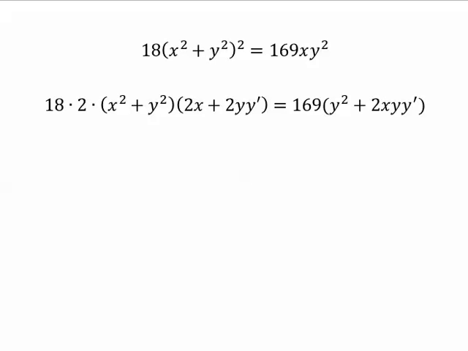What is the first? The first is x. The derivative of x is 1. So the derivative of the first times the second, which is y squared, plus the first, x, times the derivative of the second, 2y y prime.